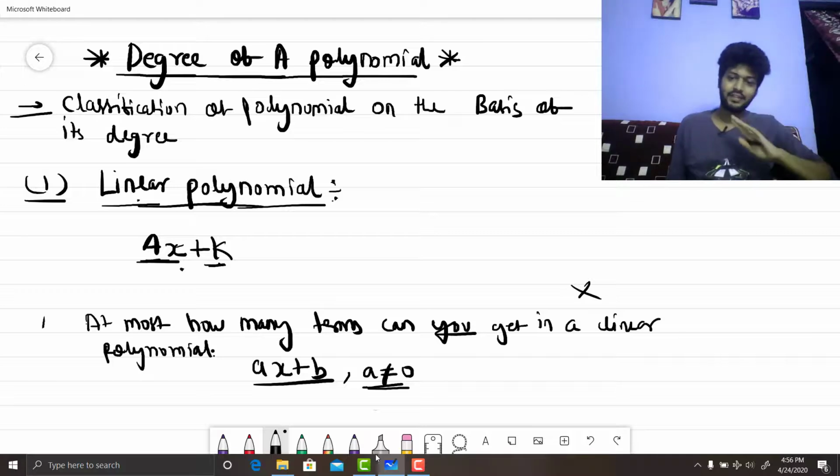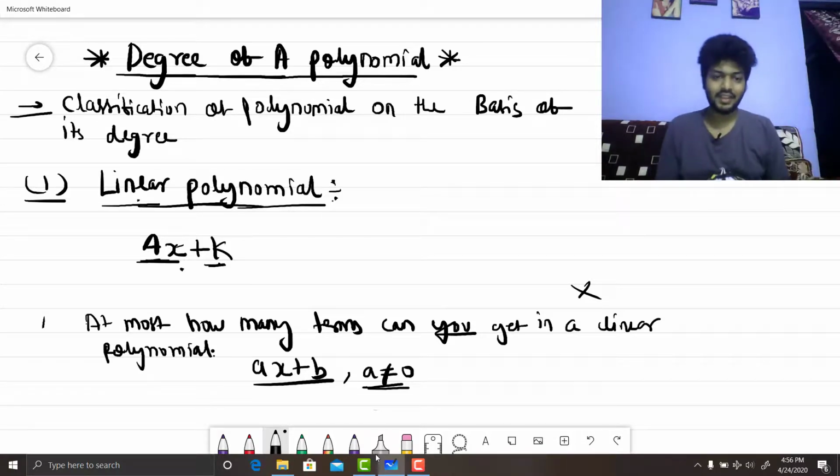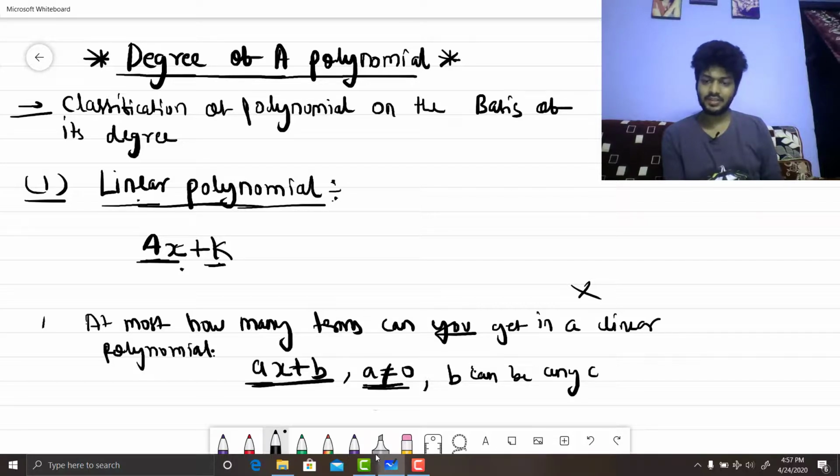We don't do that in mathematics. We don't take away something which defines the expression. So this is the general form of a linear polynomial. And what is b? B can be any number, any constant.